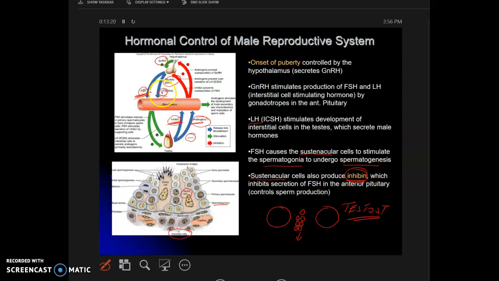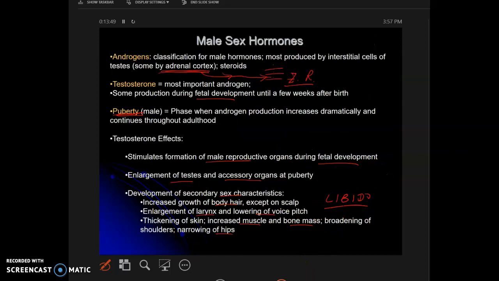And of course, that's why the luteinizing hormone, which is always produced in conjunction with follicle stimulating hormone, will stimulate the interstitial cells to produce what? Testosterone. So you have the sperm cell and you have the libido thanks to the testosterone. And that will ensure procreation. All right. So having said this, I come to the end of this presentation.